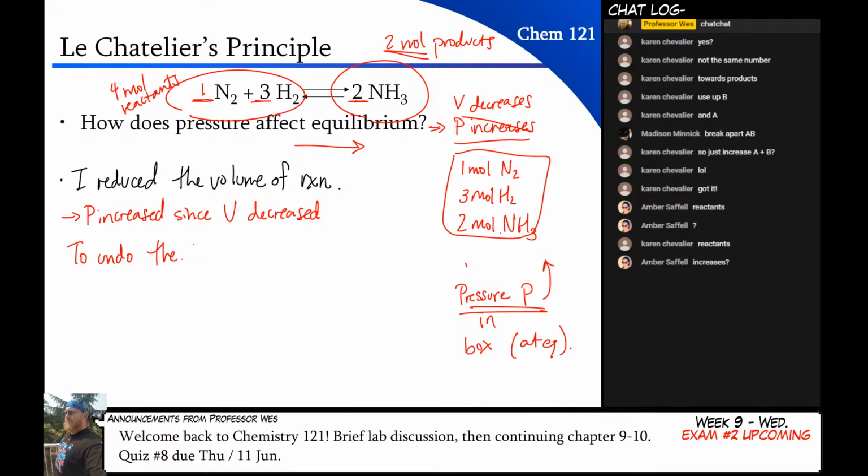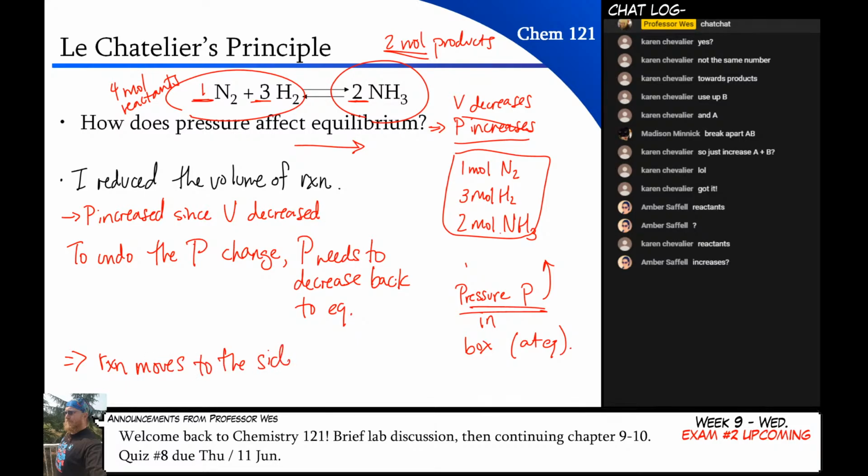To undo this pressure change, the pressure needs to decrease back to what it was at equilibrium. So, in order to do that, the reaction moves to the side with fewer moles.